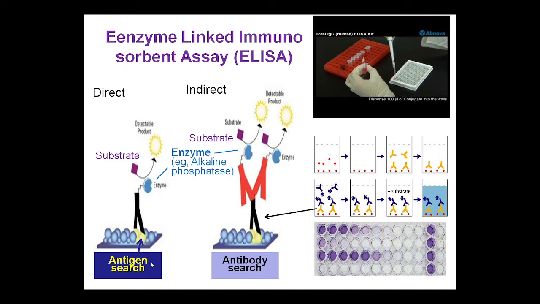If you search not for antigen but for antibodies, you sensitize the surface of the bottom of the plastic with the known antigen. In this case, you search for the patient's antibody. After coating the plastic with the known antigen, you add patient serum to the system. If serum contains immunoglobulin, for example, immunoglobulin G, this immunoglobulin G binds to the antigen and sticks to the surface of the plastic.